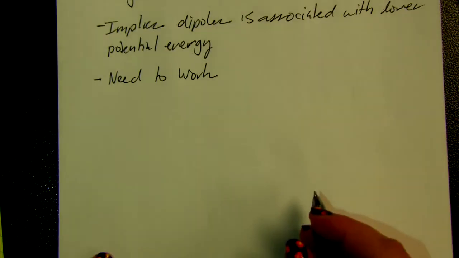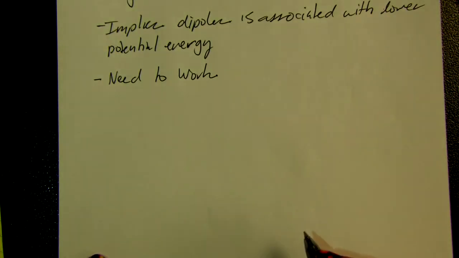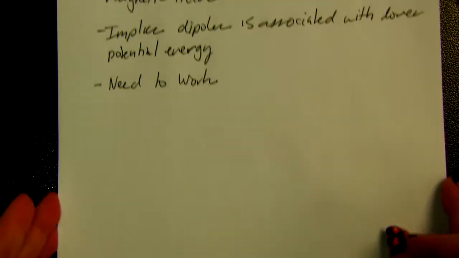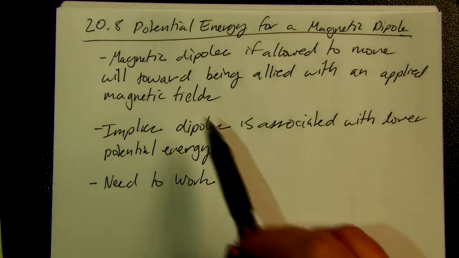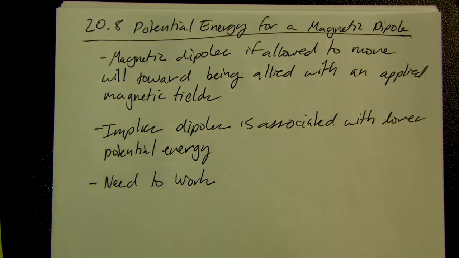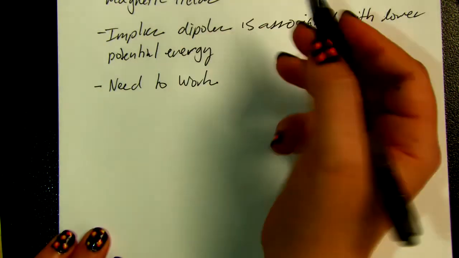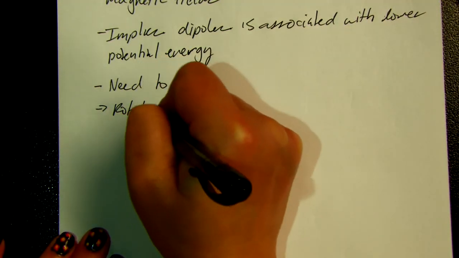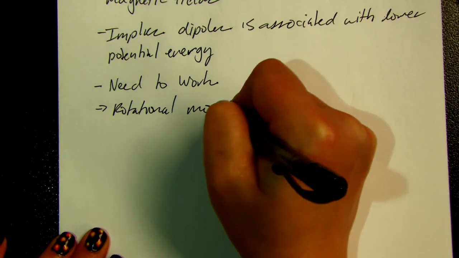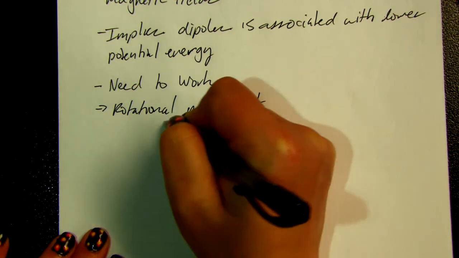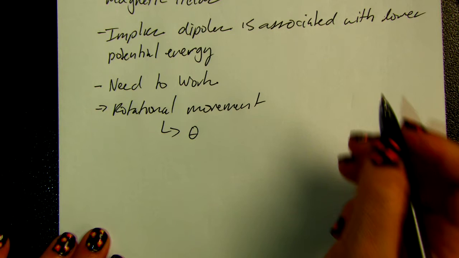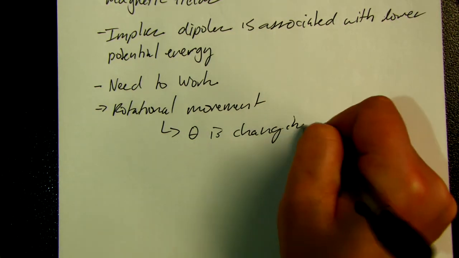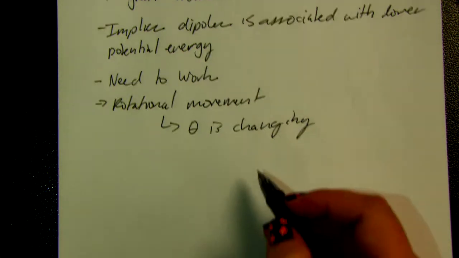If we think back to our larger picture, if something is allowed to freely move, and we're going to be dealing with rotational movement, when you have rotational movement, you have a constantly changing theta. So theta is changing.